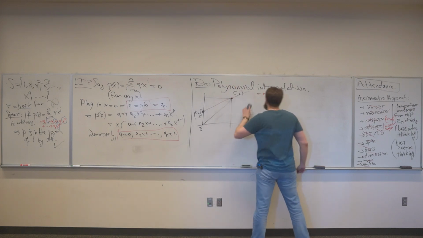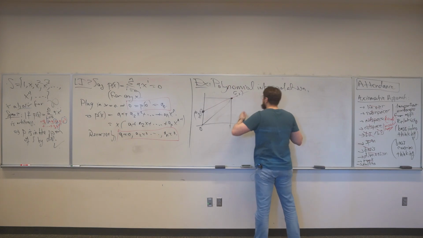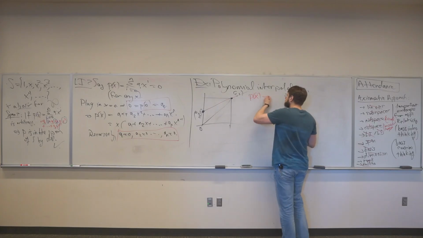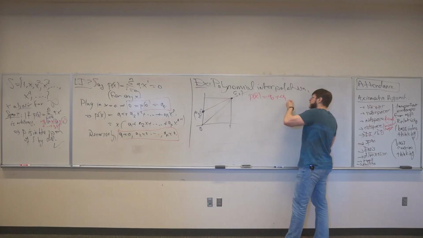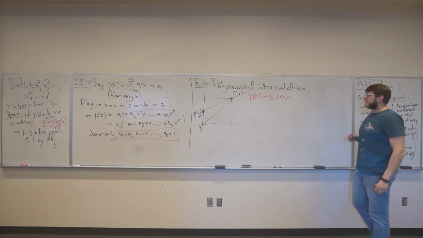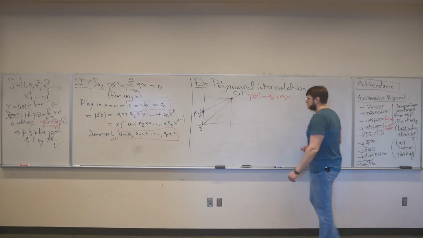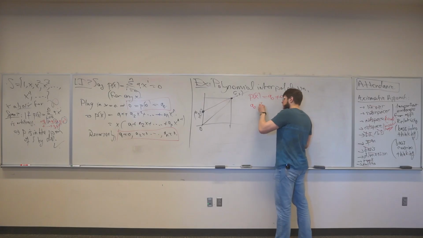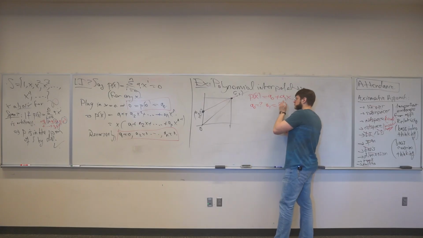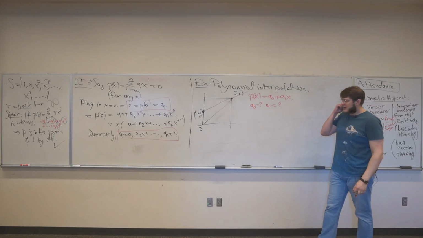I'll write it, in fact, in polynomial form: p of x equals a0 plus a1x. You want to find the numbers a0 and a1. And how do you do this?